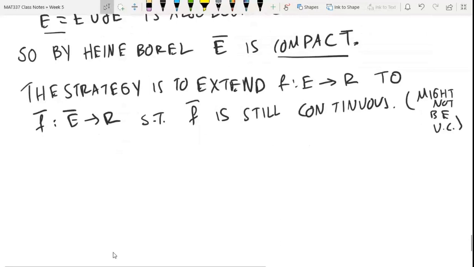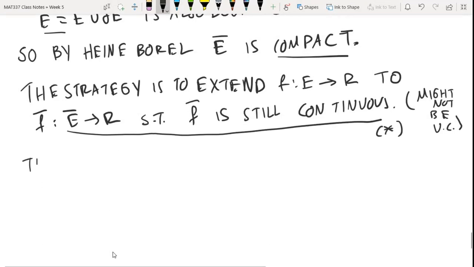So if we can prove this, call it star, then what do we have? We proved it last week: E bar is compact.